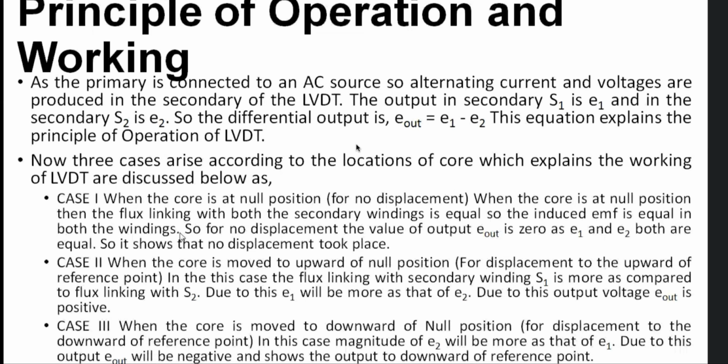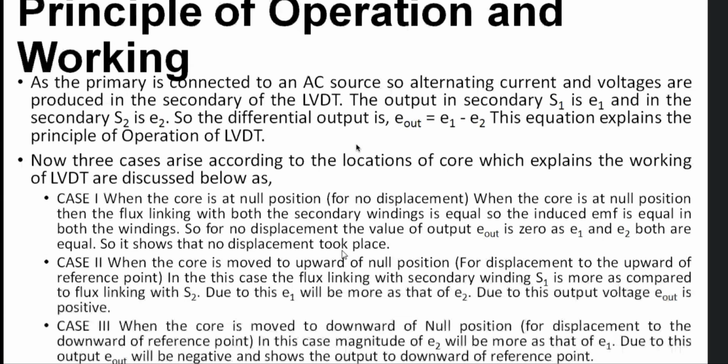So for no displacement, the output E out is 0, as E1 and E2 are both equal. It shows that no displacement took place. This is the conclusion for case 1.